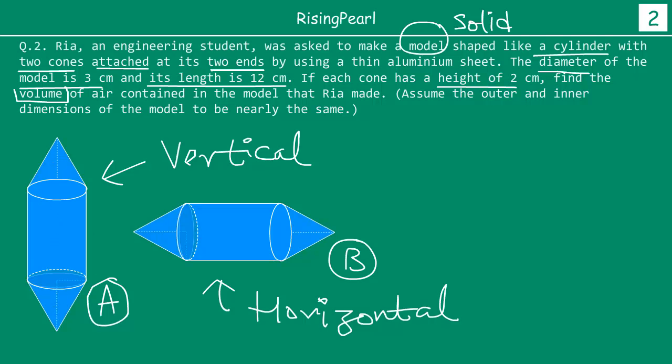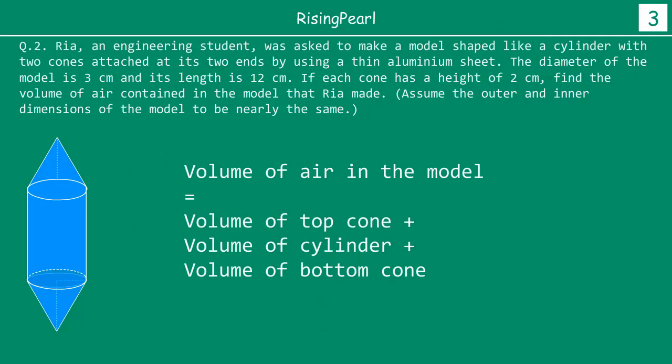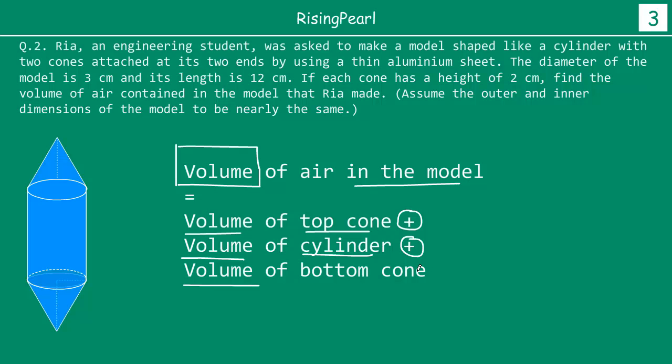So now, how do we find the volume? Very simply, we assume position 1, where the model is standing up. The volume of air inside the model will be equal to the volume of the top cone plus the volume of the cylinder plus the volume of the bottom cone.